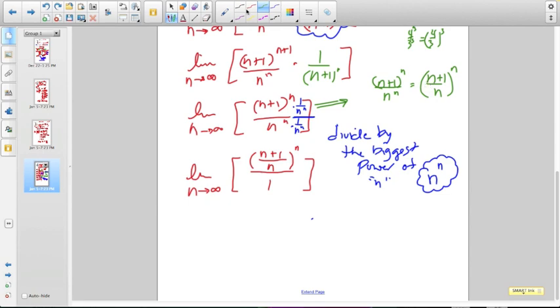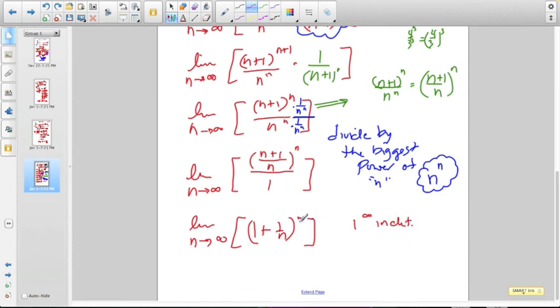And so I'm going to further simplify this. I'm going to forget about the denominator because we don't need it to be 1 and we don't need to express that. I'm going to rewrite this as 1 plus 1 over n, to the n power. At this point, I still have an indeterminate form. If we put infinity here, I have 1 to the infinity. That's still indeterminate.